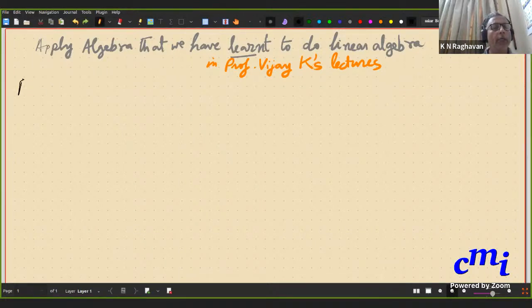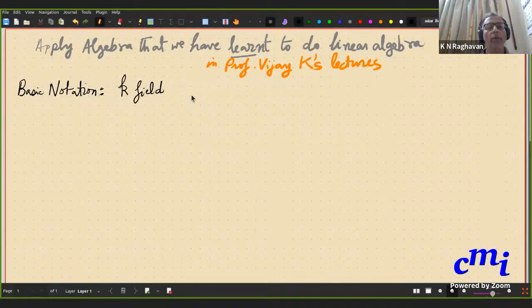So basic notation, we keep this fixed for the entire set of talks. So K will always denote a field. You can take this to be R or C, if that makes you comfortable.